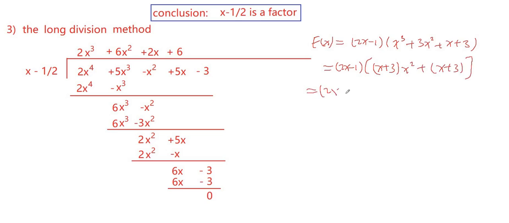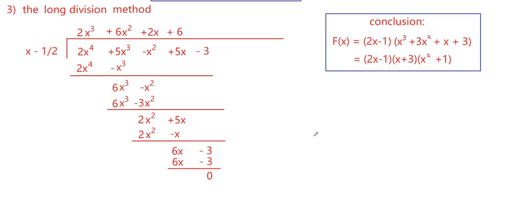And then we have x plus 3 and x squared plus 1. And this is the final result. In a word, if we can use multiple methods together and combine them efficiently, we can quickly get the result.